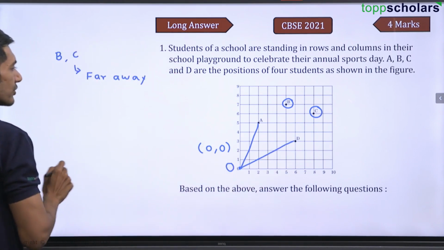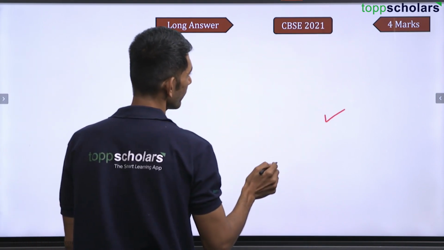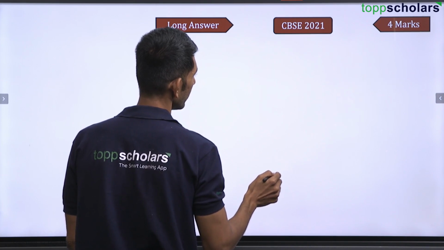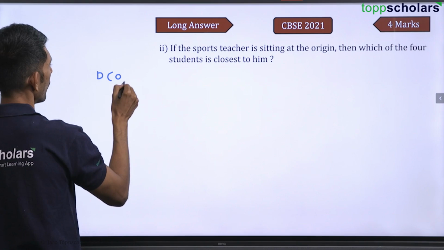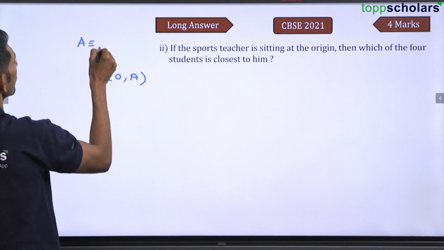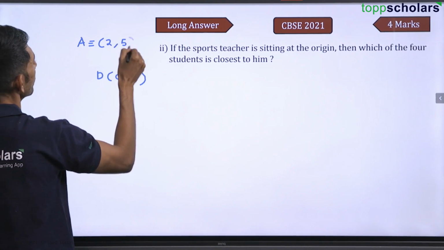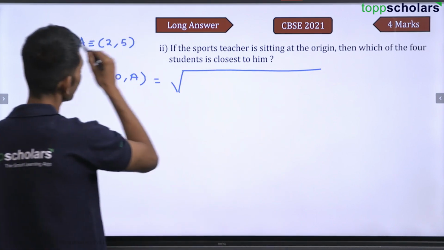So let me find out distance OA first. What is A? A is 2, 5, right? So distance OA, that is equal to under root x2 minus x1.